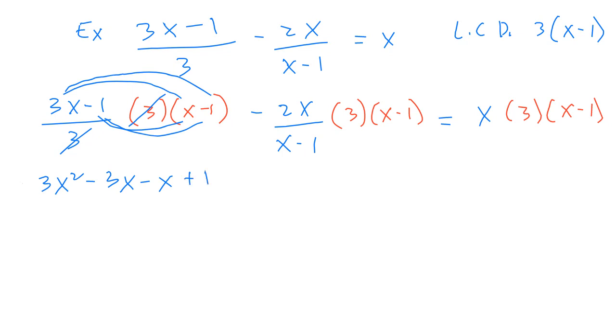And then the next one is canceling x minus 1. You have x minus 1 on the top and at the bottom, so you can cancel that out. The expression left now is minus 6x equals. Okay, so I'll multiply x times 3. That's 3x times x, which would be 3x squared.